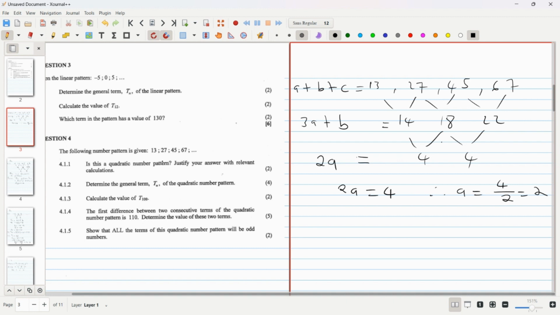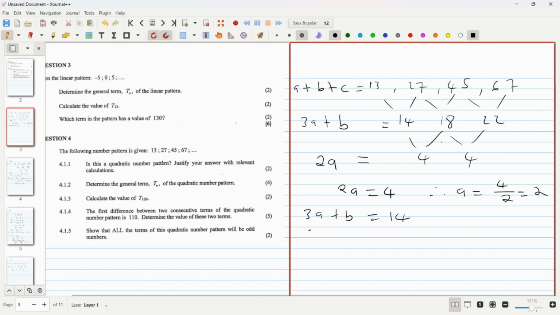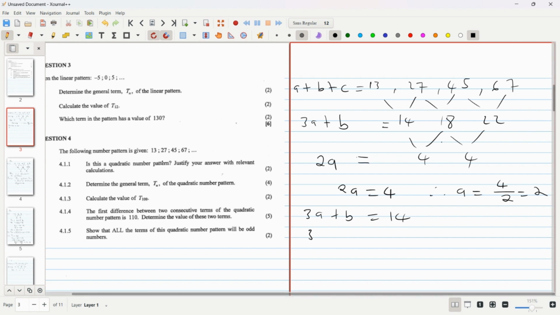And then since we know our a, we can come here. 3a plus b equals 14, from here. So we know our a, we can just substitute the value of a, which is 2.